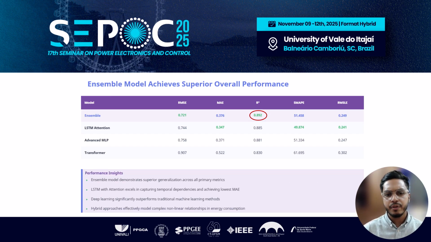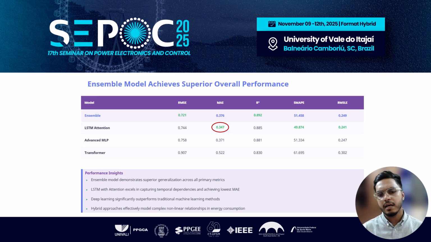We can gain even more insights by looking beyond the overall best R squared score. While the ensemble showed the best overall generalization, the LSTM with attention model was a strong performer, achieving the lowest mean absolute error, or MAE, which is 0.347. This indicates its predictions were on average the closest to the actual values, likely due to the effectiveness of the attention mechanism.